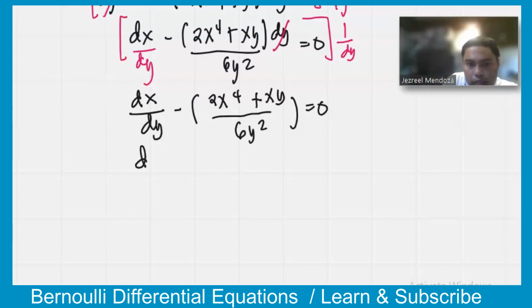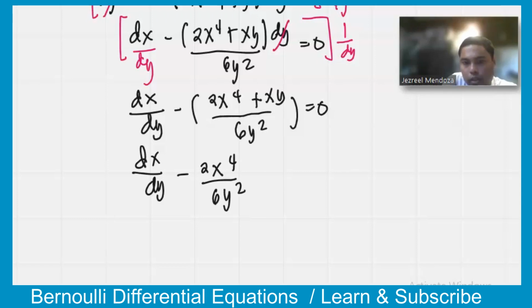We have dx over dy minus, let's distribute this negative sign, negative 2x fourth over 6y squared, minus xy over 6y squared, equals 0.